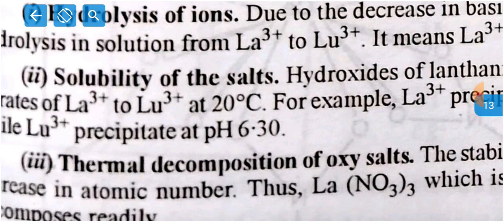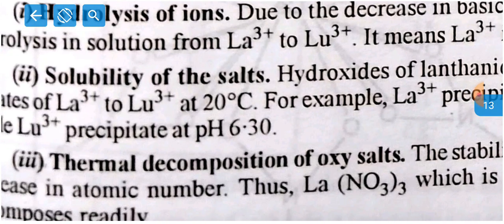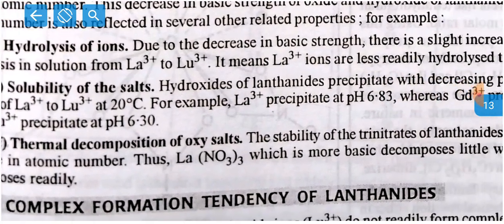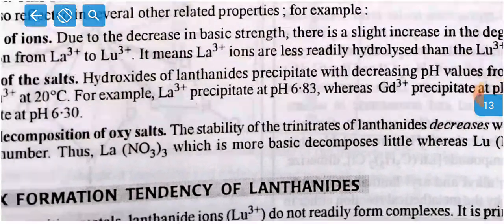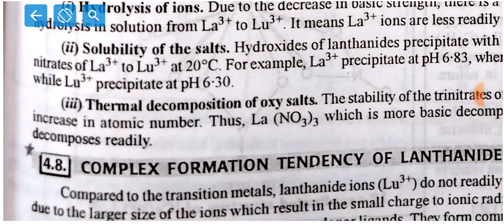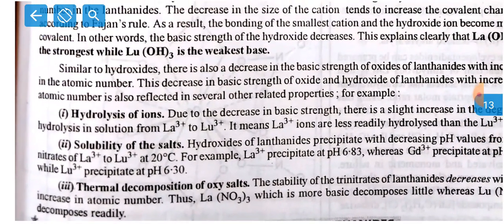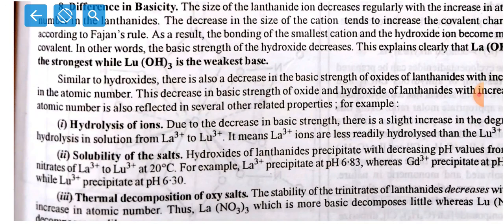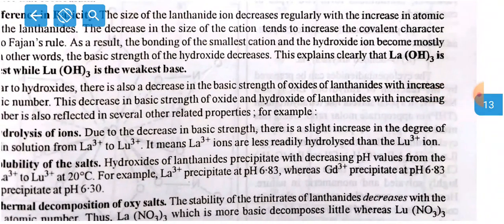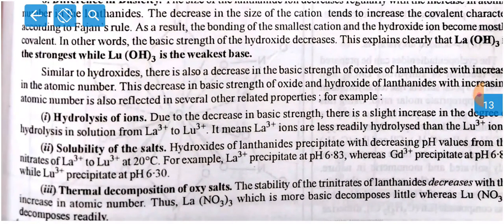Second is the solubility of the salts. Hydroxides of lanthanides precipitate with decreasing pH value from the nitrates of lanthanum 3+ to lutetium 3+ at 20 degrees Celsius. For example, lanthanum 3+ precipitates at pH 7.82, gadolinium 3+ precipitates at pH 6.83, while lutetium 3+ precipitates at pH 6.30.